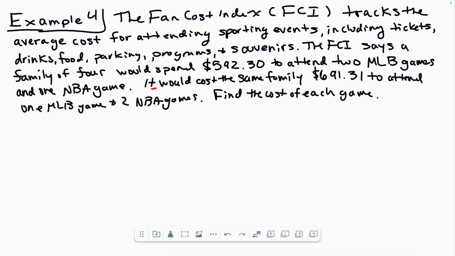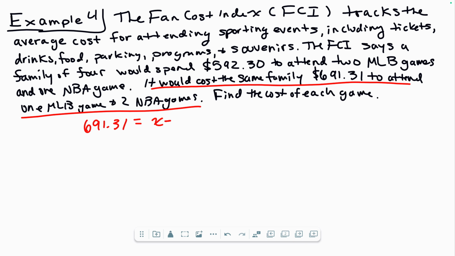So we'll do that in red. 691.31 would equal X plus 2Y, because it's 1 MLB game plus 2 NBA games. Good.